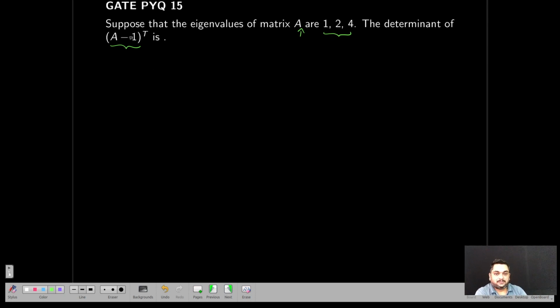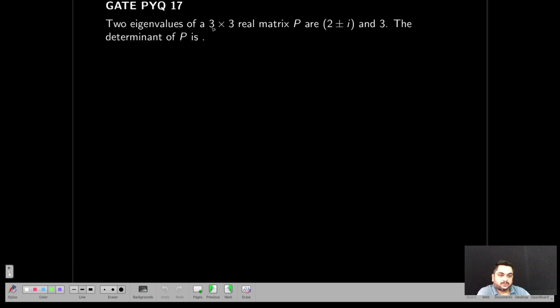The only thing is to calculate A minus 1. As lambda 1, lambda 2, lambda 3 are given, it is as good as taking lambda 1 minus 1, lambda 2 minus 1, lambda 3 minus 1. So this is 0 into 1 into 3. So the determinant of this matrix is 0.